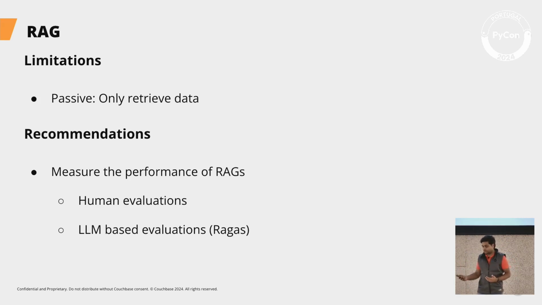The other approach that is common is you use a large language model to evaluate the response of a large language model. And there are frameworks like RAGAS that can do that. Typically, you would have a set of questions and benchmark answers.